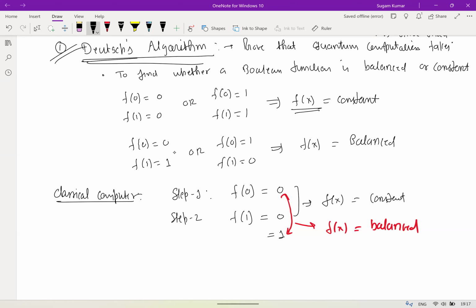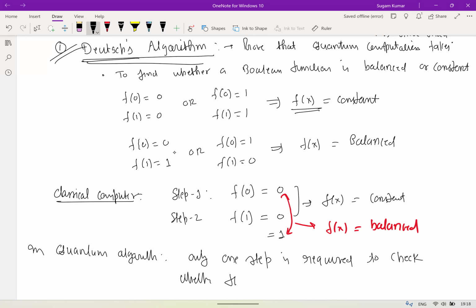And this is what the scientist Deutsch proves: in the quantum algorithm, only one step is required to check whether f(x) is constant or balanced.